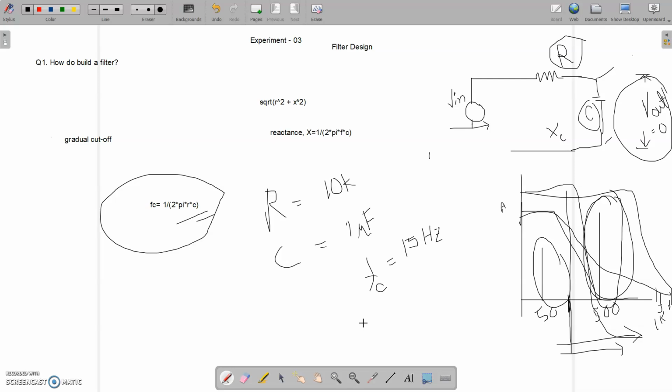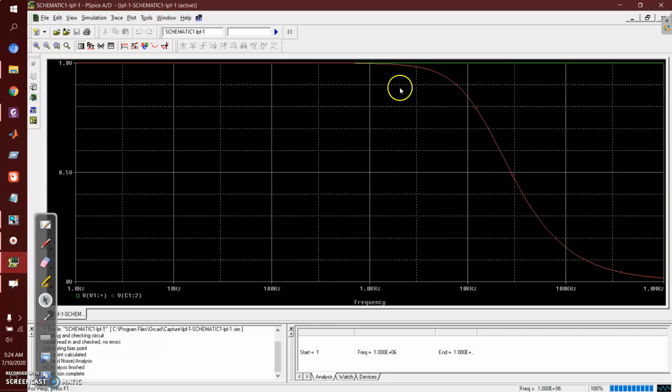Another thing is that this slope we have, we call it 20 decibel per decade, or it is also called 6 dB per octave. 20 dB per decade means that per decade it is decaying by 20 decibel.